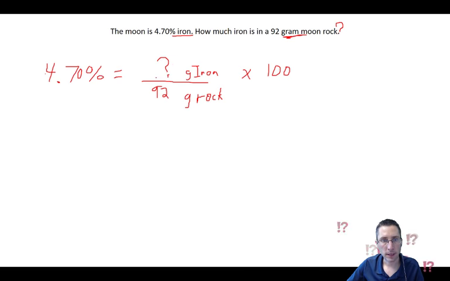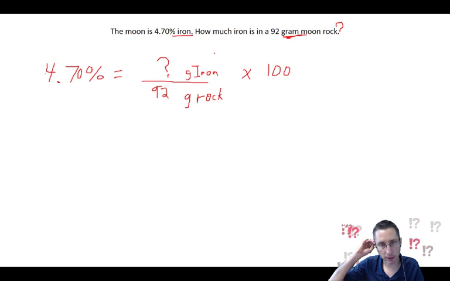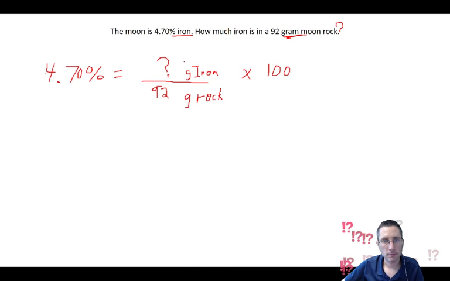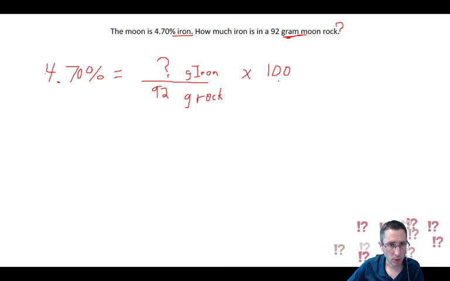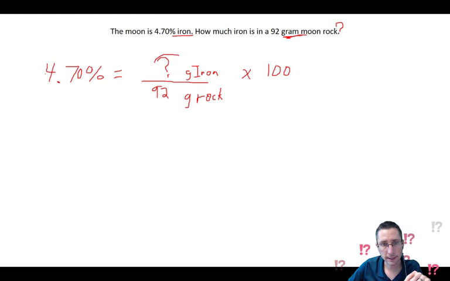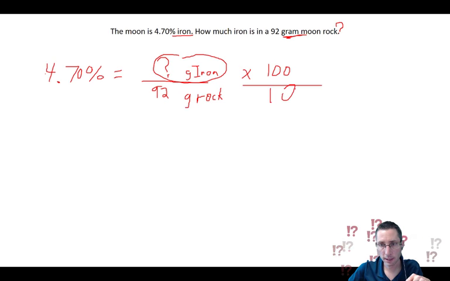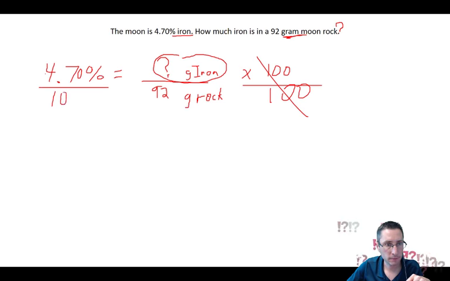Okay, so now this is an algebra problem. Try to get the question mark alone. It's in the numerator already, which is good. I need to get all the other numbers on the other side of the equation, so I'm isolating this. I have a times 100, so I'm going to divide both sides by 100. It cancels out there. It appears here.